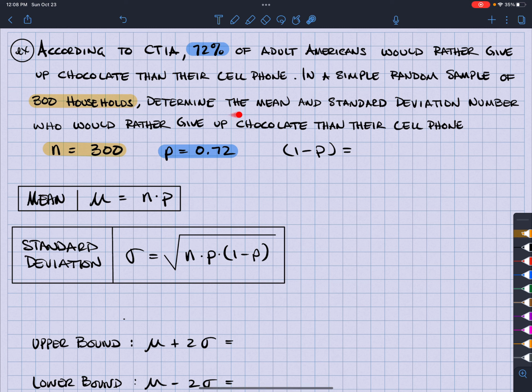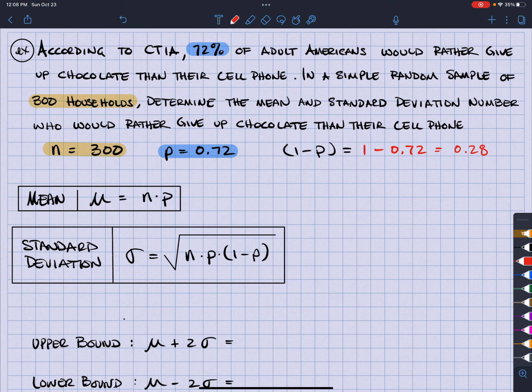And it says determine the mean and standard deviation of the number who would rather give up chocolate than their cell phone. Well, I've got the probability of success here. What's the probability of failure? Well, the probability of failure is going to equal 1 minus the probability of success. So that is going to be 0.28. Why do I need that?